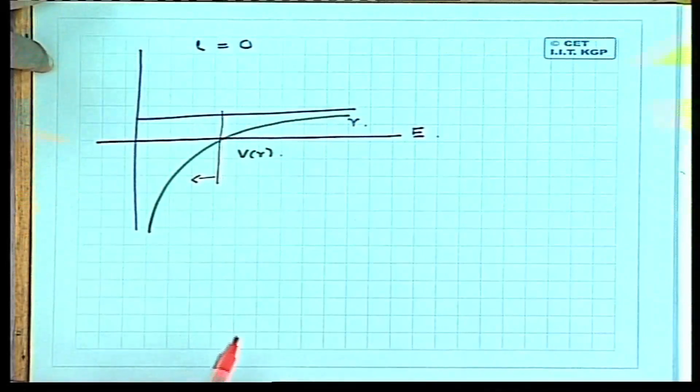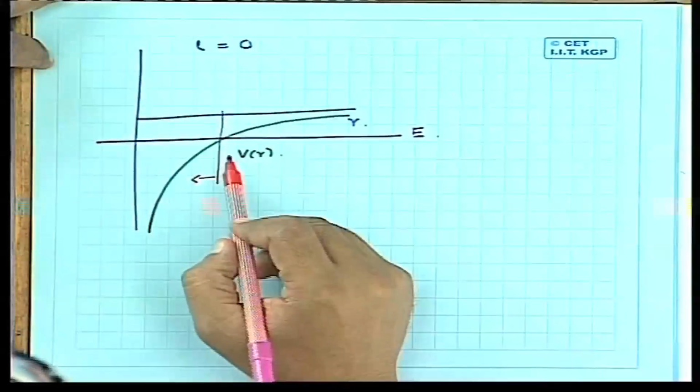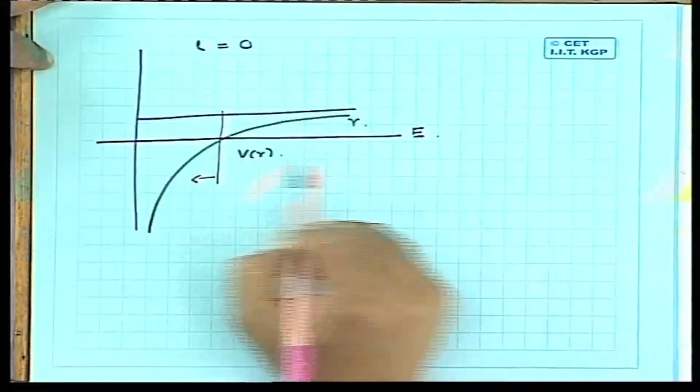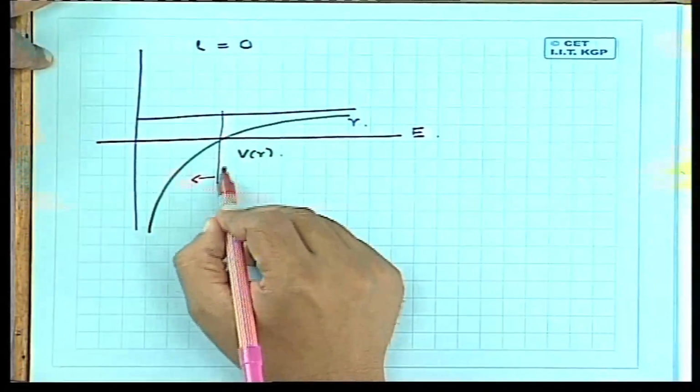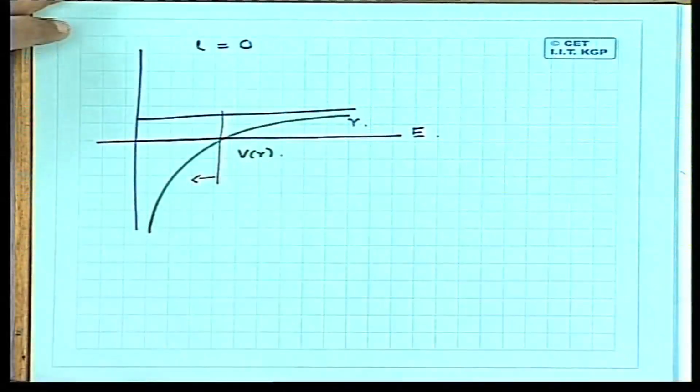So we know that the wave function will die down exponentially to the right hand side. In the classically forbidden region the wave function should die away exponentially. It will have some exponential kind of behavior on the right hand side.